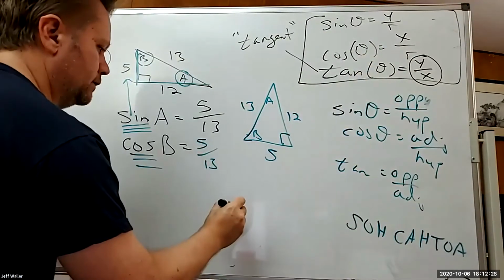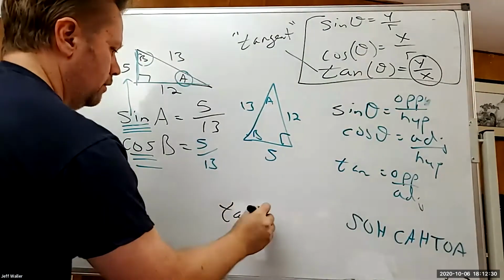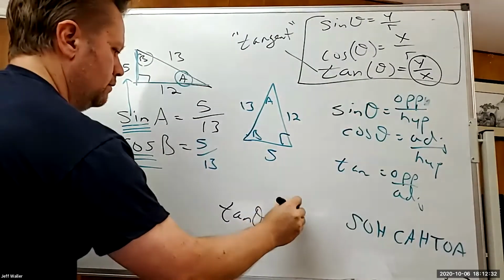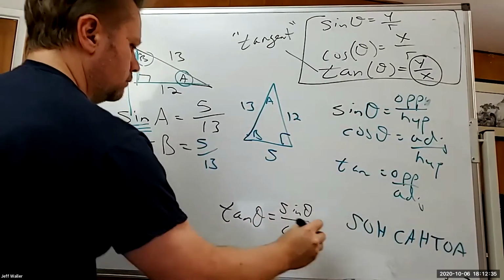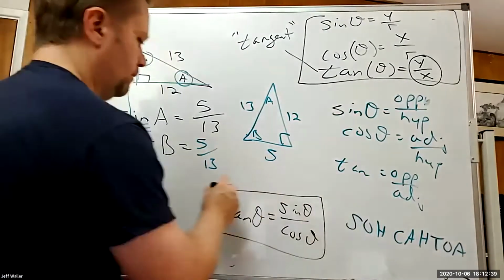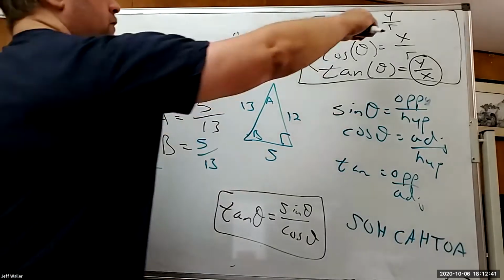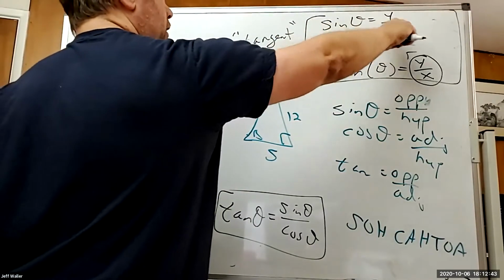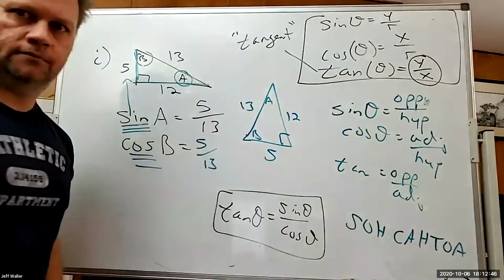And I can look at it like this. Tangent, let's see if you guys agree, is sine divided by cosine. That's another definition of tangent. What do you get when you do sine divided by cosine? The r's cancel, you get y over x.